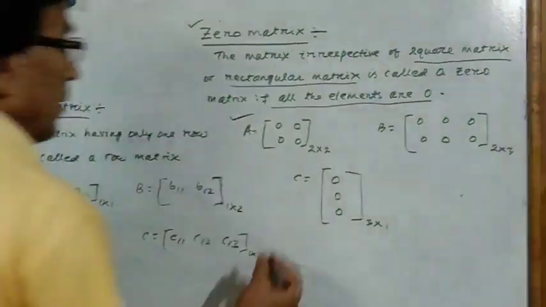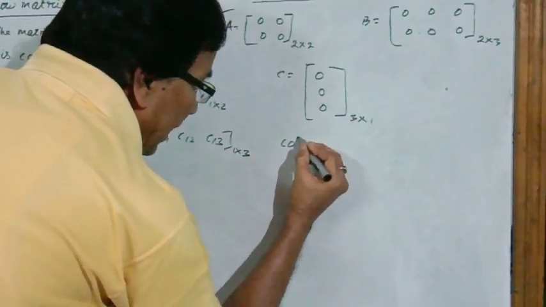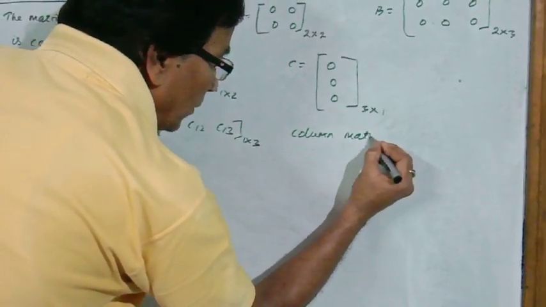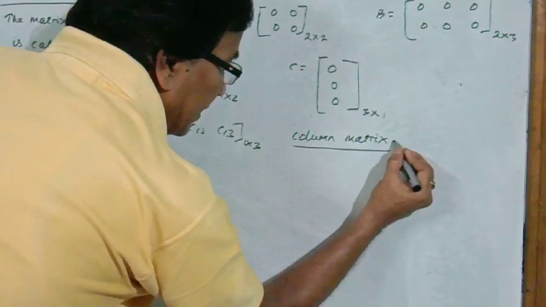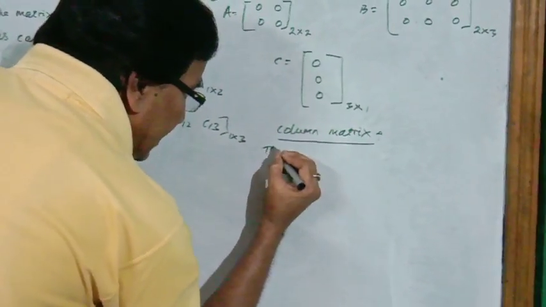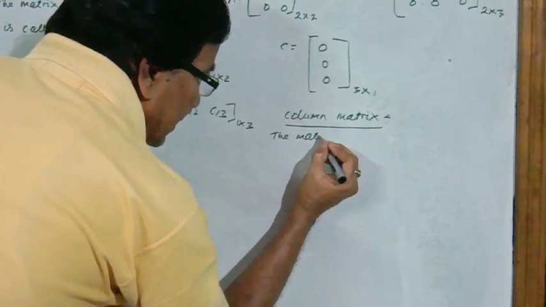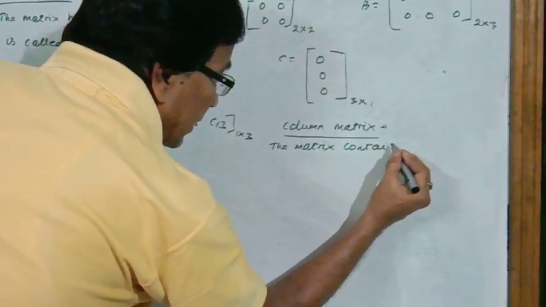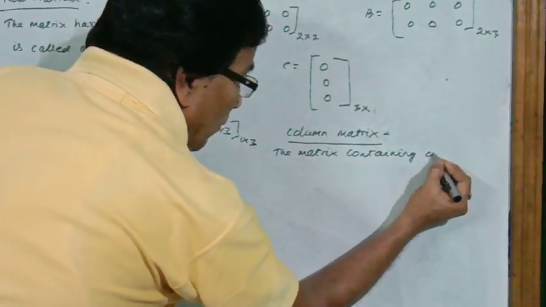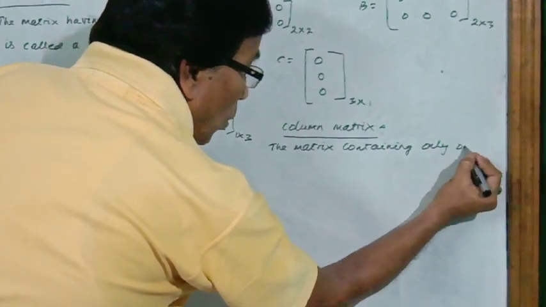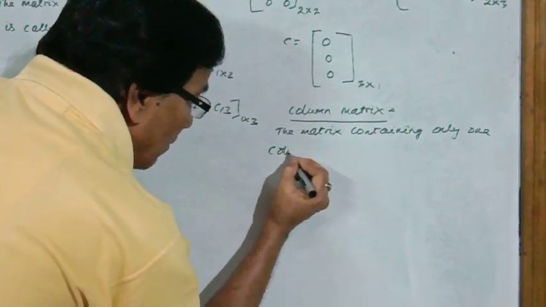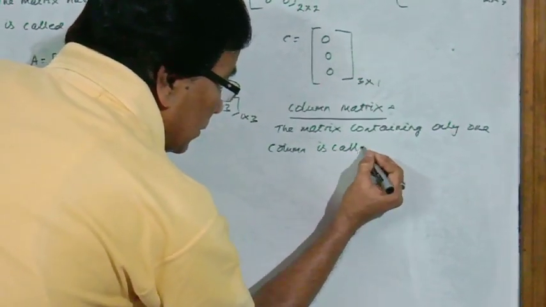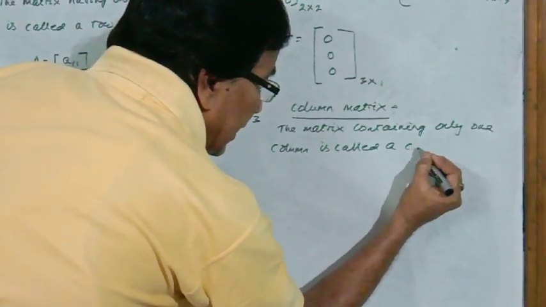So similarly we can define what a column matrix is. What is the definition of a column matrix? Similarly we can say the matrix containing only one column is called a column matrix.